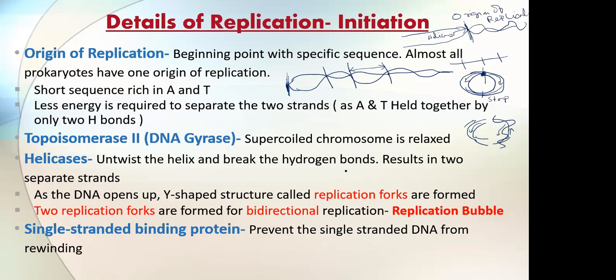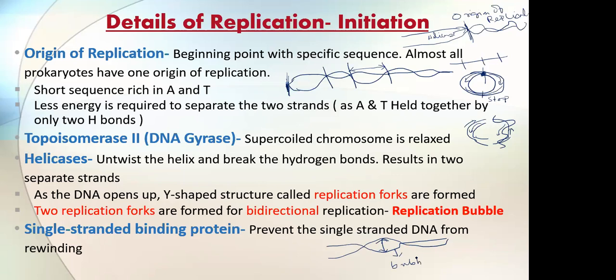I already talked about all these enzymes. Now, when both strands of the chromosome get separated from each other, what happens? Some areas look very thick and floppy, and this region is called a bubble.